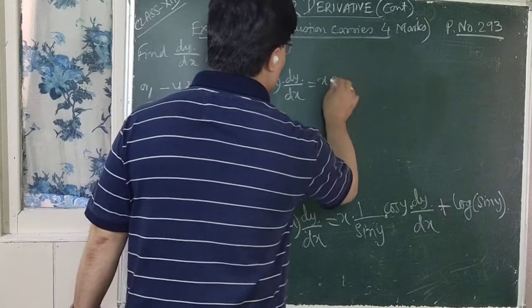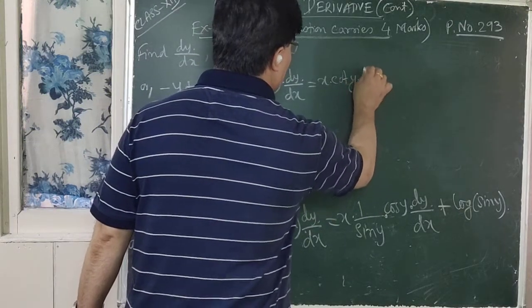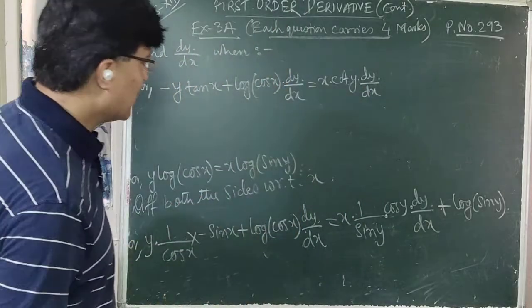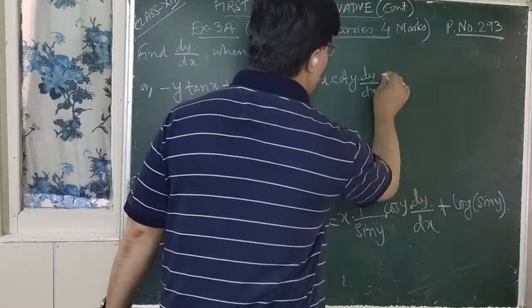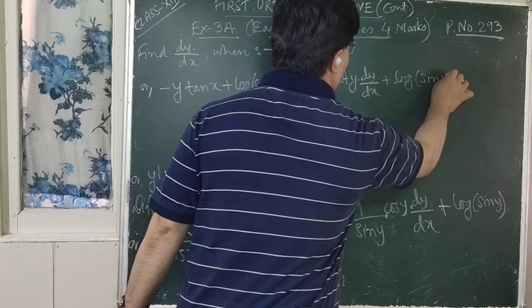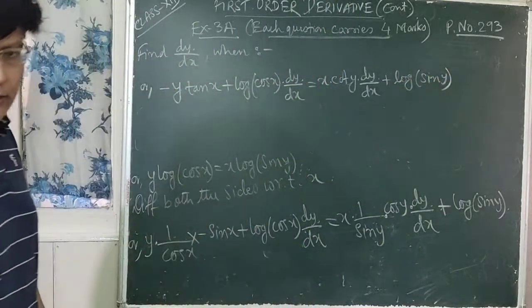Cot y. It is cot y into dy by dx, right? Then what is the last one? It is plus log of sin y. Now is it understood now?